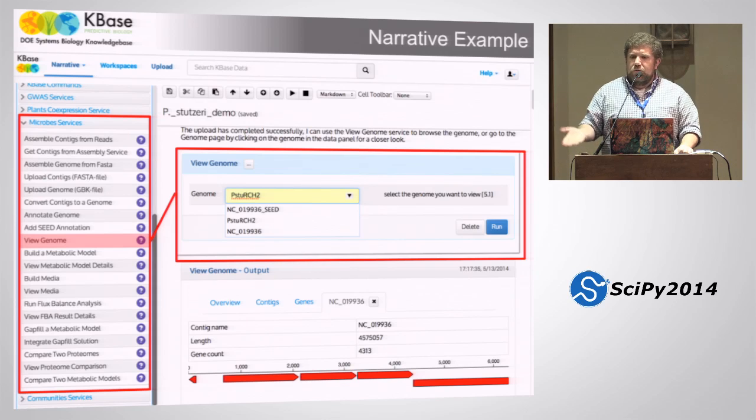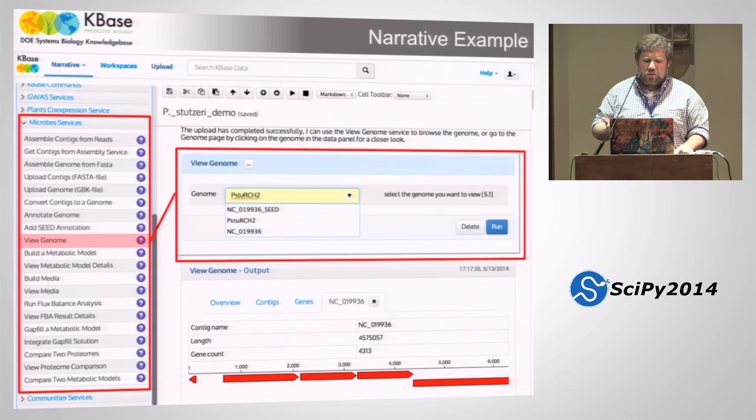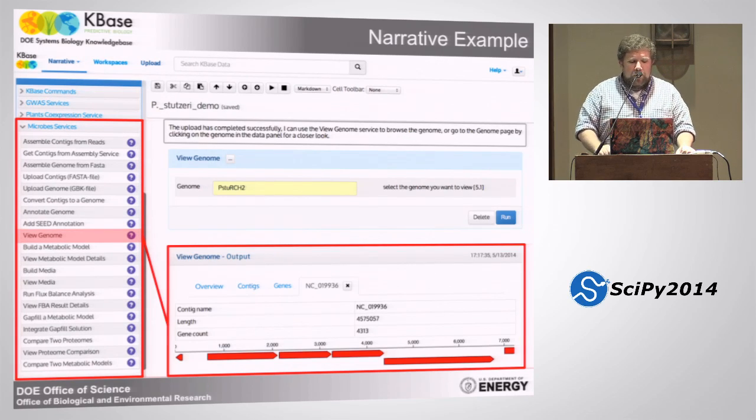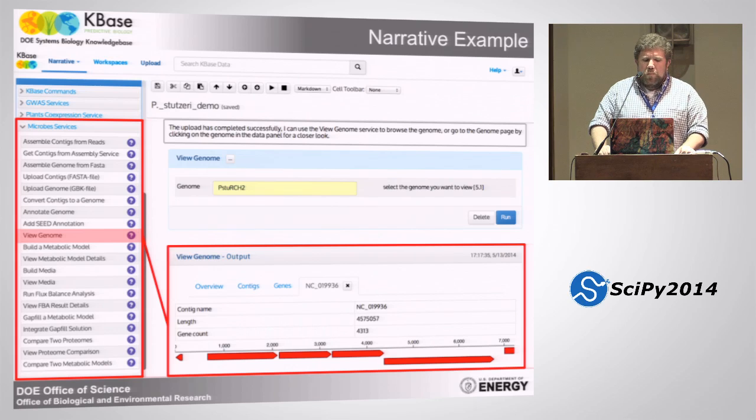And by just using a few simple annotations, it will produce this data widget here, which will auto-populate with all the genomes that are present in your workspace, for example. The user would then just click run, and the output would pop up. And this output box here is a JavaScript widget.